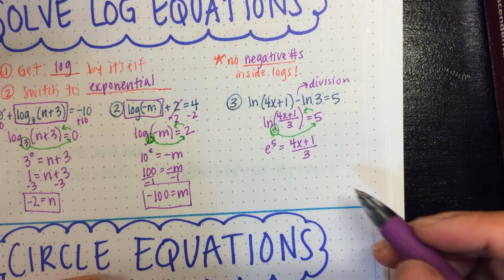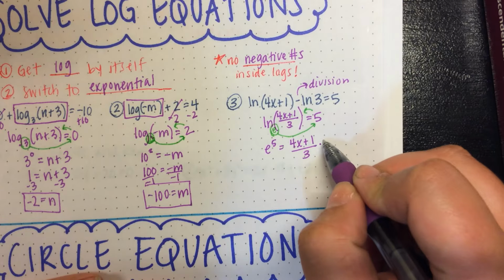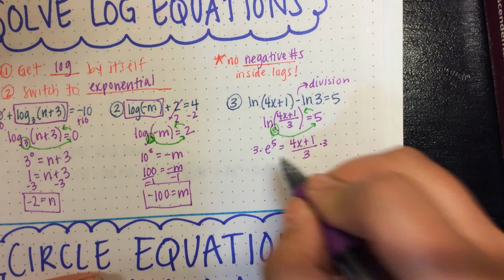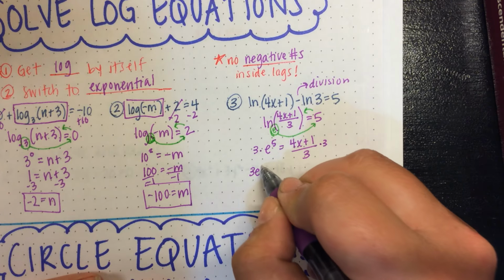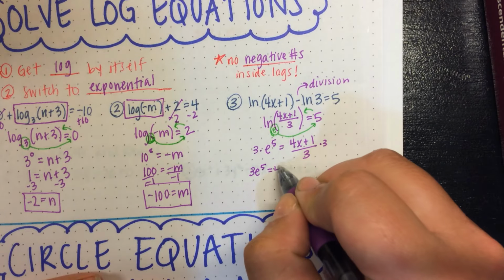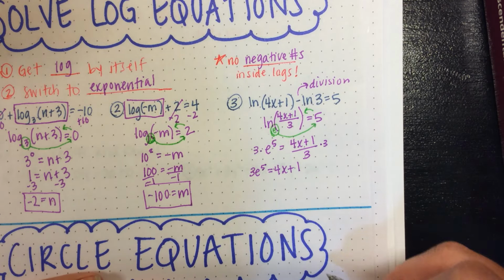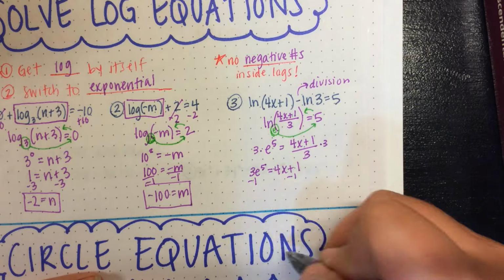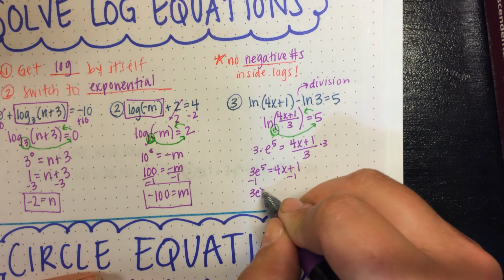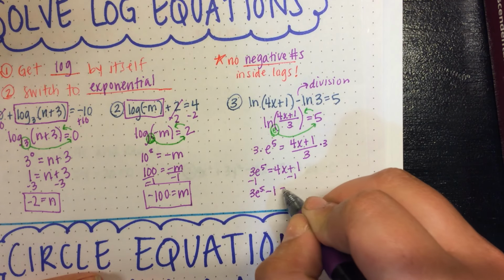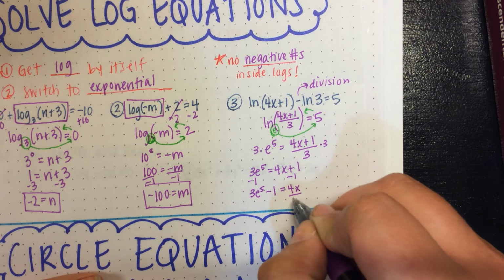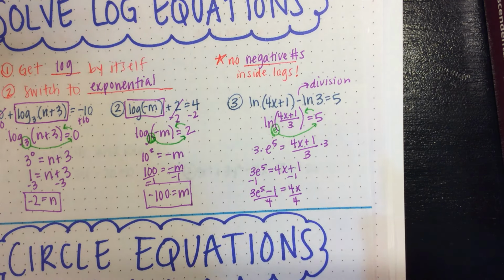And to solve for x, the first thing I'm going to do is get rid of that 3. So I'm going to multiply by 3. So we get 3e to the 5th equals 4x plus 1. And then subtract 1 from both sides. So I get 3e to the 5th minus 1 equals 4x. And then just divide both sides by 4.